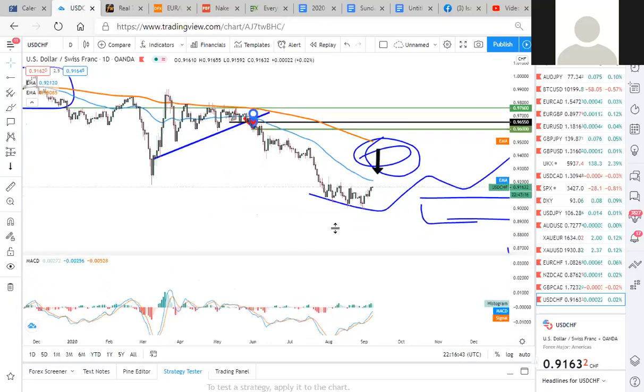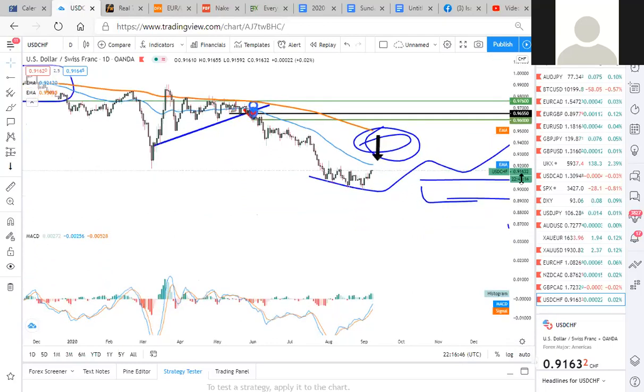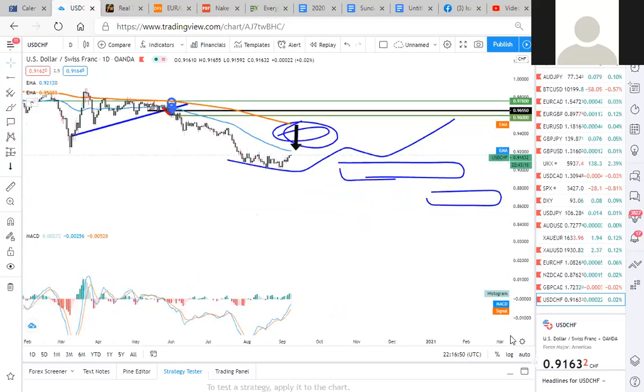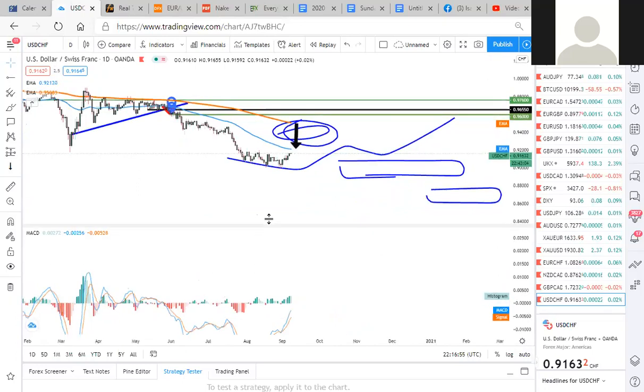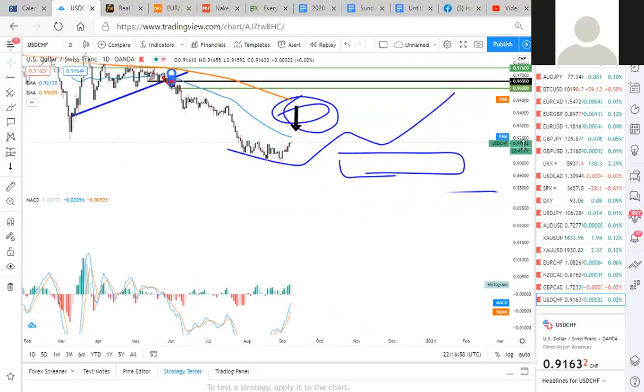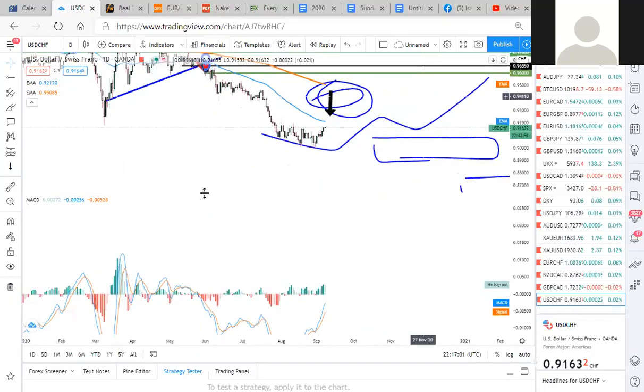The MACDs I personally keep halfway if I do use them. That way I can see the breaks and the trades. I use the stochastic at this point because it's a little bit cleaner for me, for what I like to do.